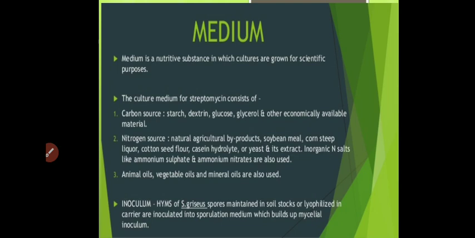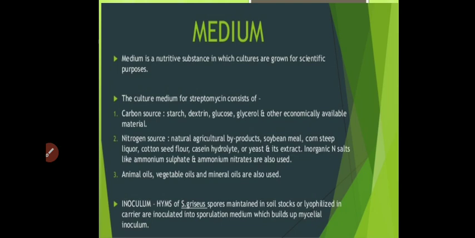Then we go for the inoculum development. Streptomyces griseus spores are maintained in soil stock or lyophilized condition. Such lyophilized spores are taken and inoculated in the medium, which helps in the sporulation process.